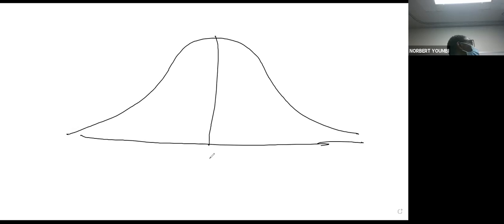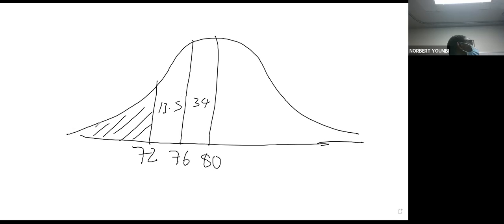Normal distribution, 80, 1 standard deviation, 76, 72. 34% here, 13.5 here, and you are asked what is this? So 13.5 plus 34 is 47.5.